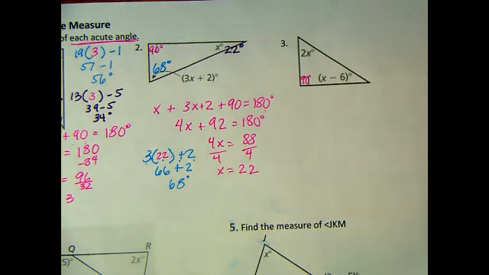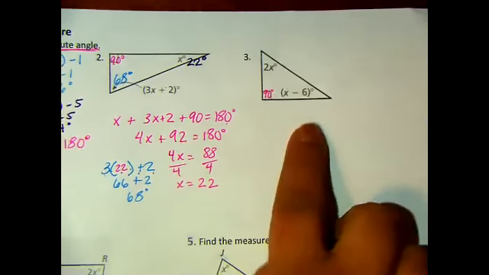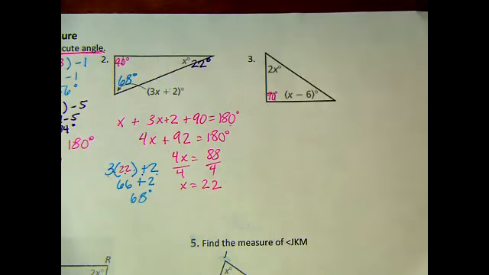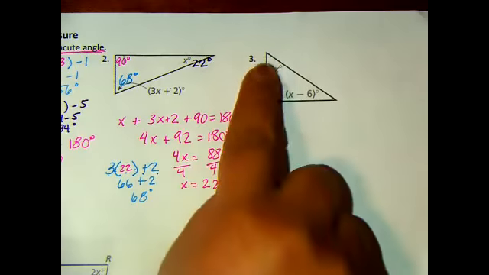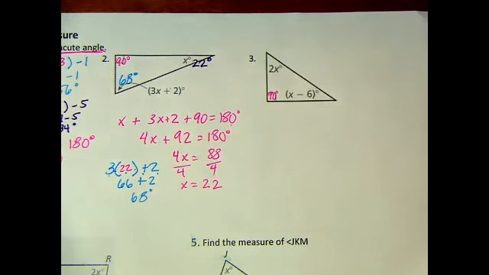Okay, so I want to give you guys time right now, and I want you to do number 3. I'm going to give you guys a total of 5 minutes. Plenty of time. Set up, solve, give me the angles. Give me the 2 acute angles there.